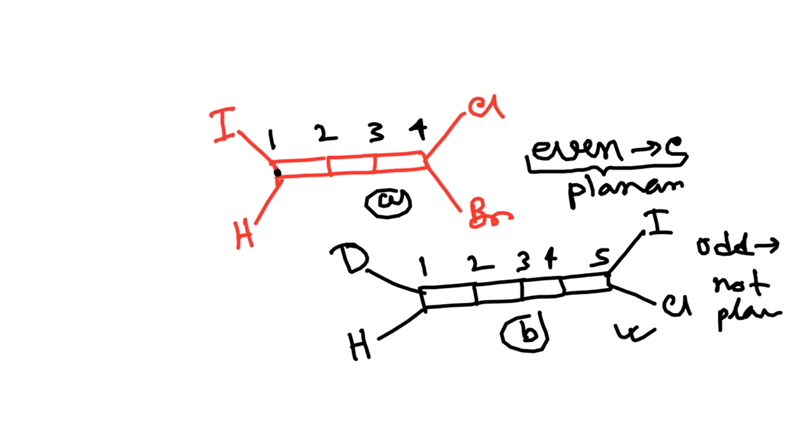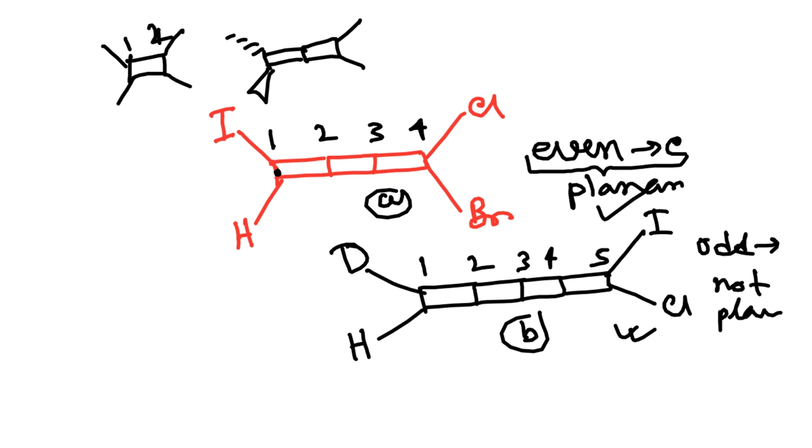You can remember that by remembering the simple ethylene molecule and Allene system. In the ethylene molecule, you have two carbons. That is an even system, and that is planar. That is not chiral. But in Allene, you have an odd number of carbon atoms, and that one is non-planar. That one is chiral.